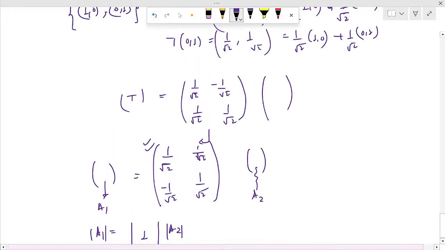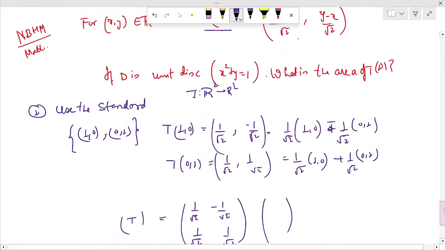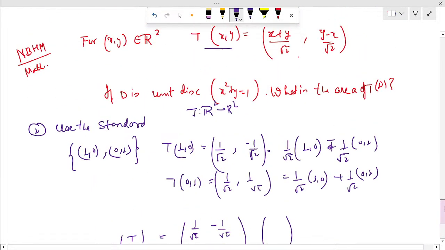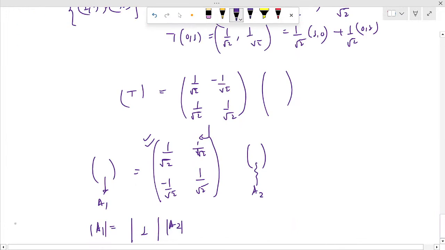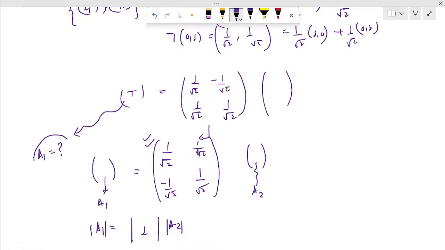And what is the area of A2? Are you getting my point? We want to find what A1 is. And what is A2?